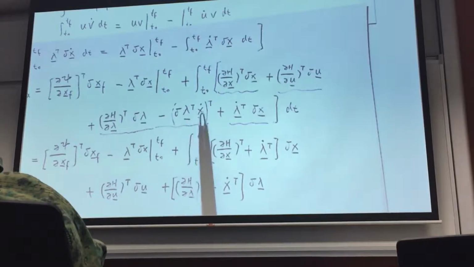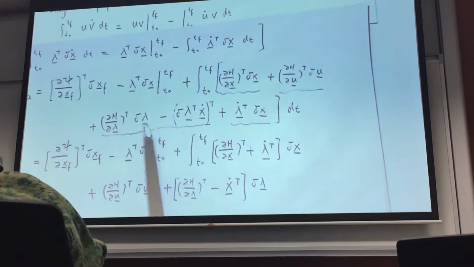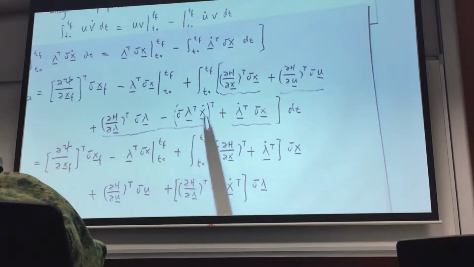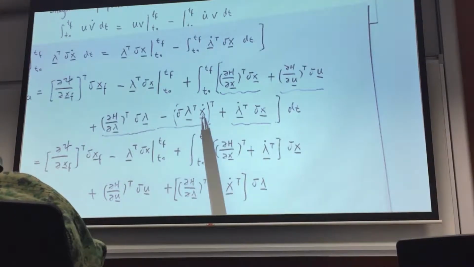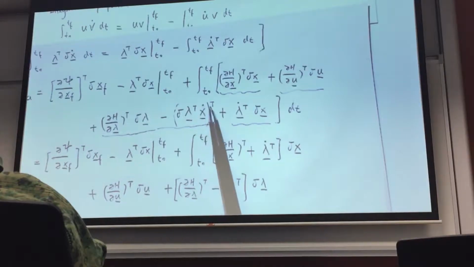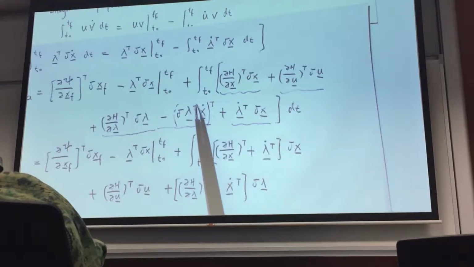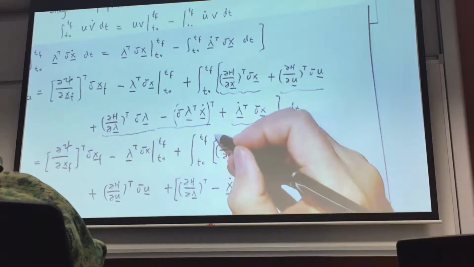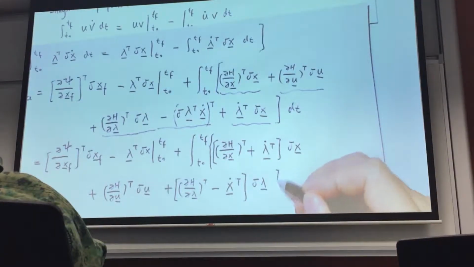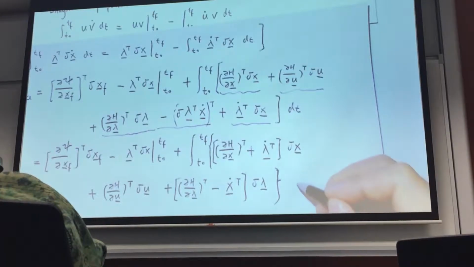We want to change the order between these two terms so that we can combine them. It's just a scalar, and for a scalar the transpose is equal to itself. So we have the x dot transpose, we change the order and put the transpose here, so we get this one multiplied by delta lambda.